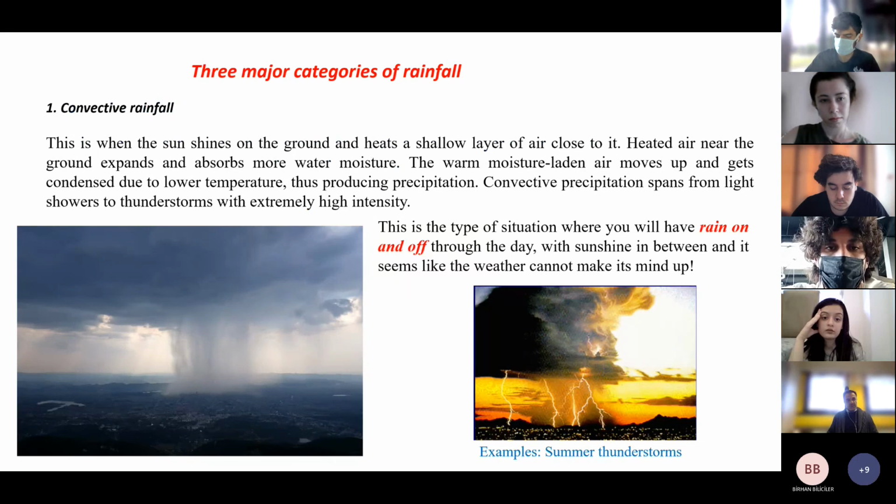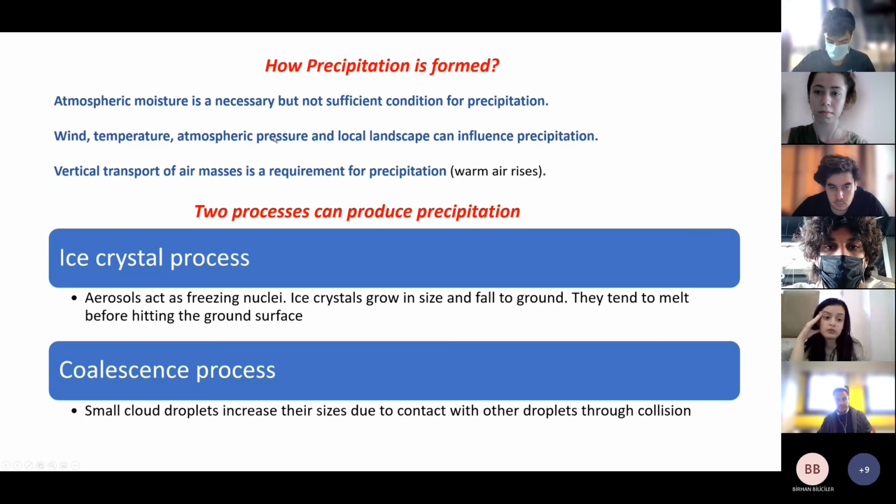These are the major categories of rainfall, the processes by which we have precipitation. The first one mostly creates snow and happens in winter. The second one happens in either winter or summer and creates rainfall.